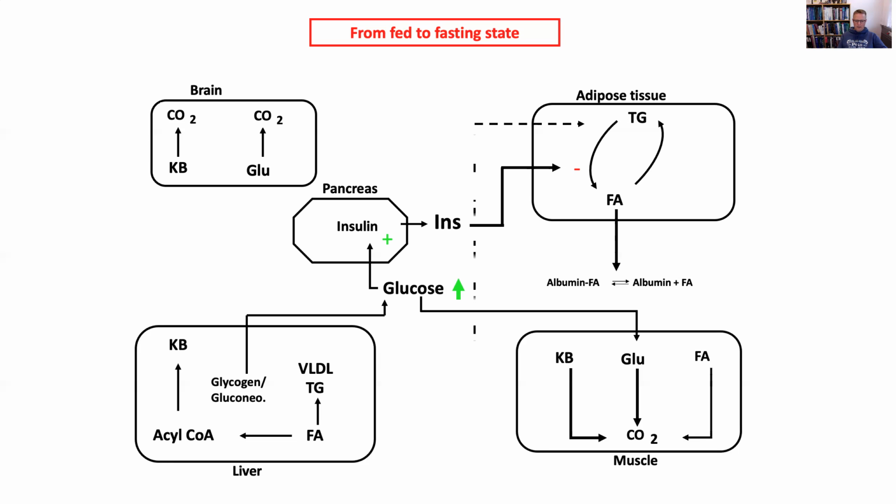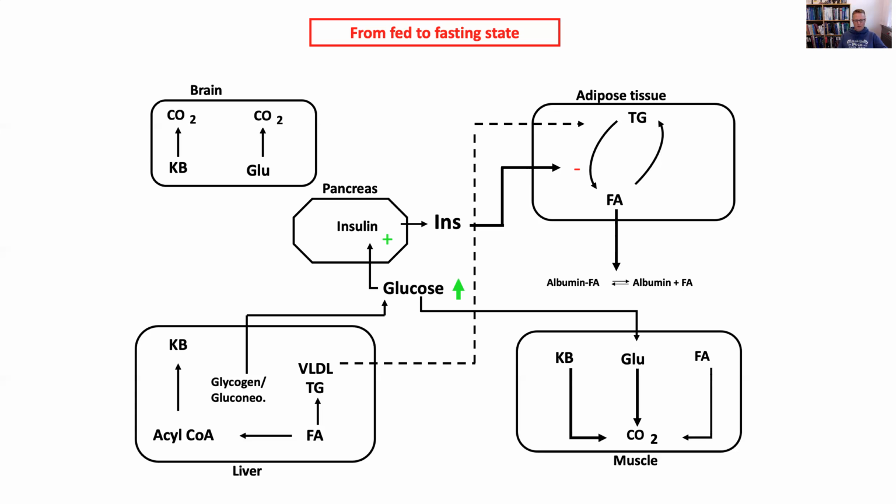We also know that the fatty acids that have not been used, fatty acids that are in excess, will be transported to the liver and be incorporated in triglycerides again, which will be packed into lipoproteins like VLDL particles, which will be transported to the circulation and transport the fatty acids back to the adipose tissue.